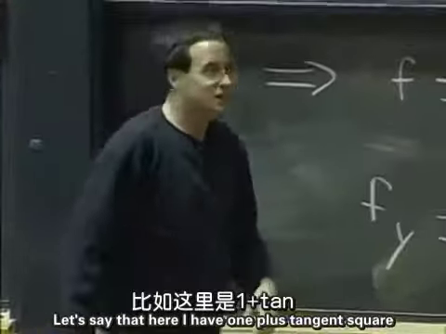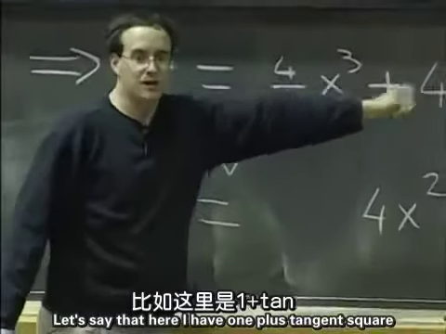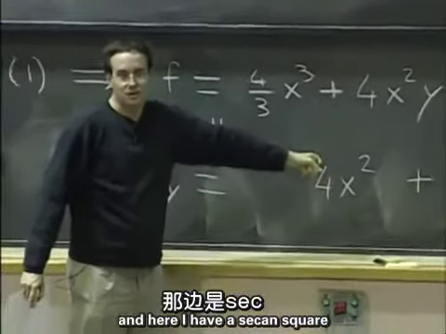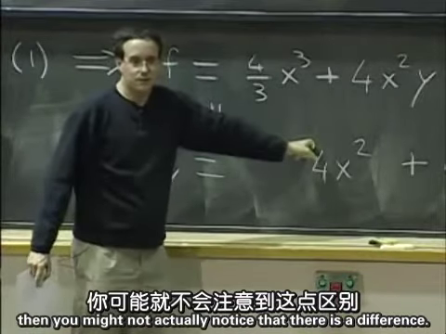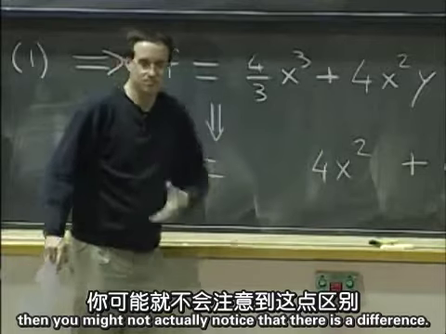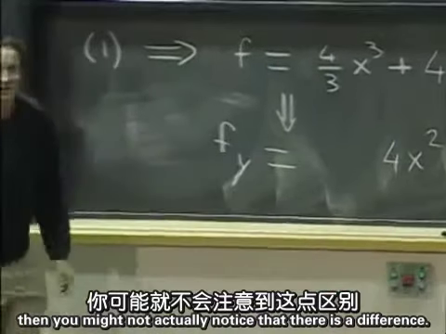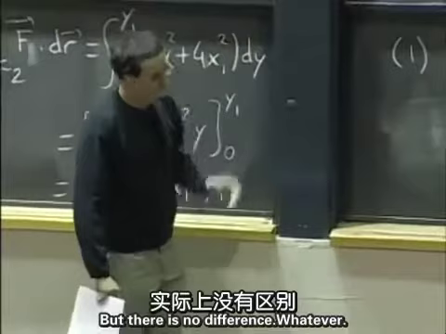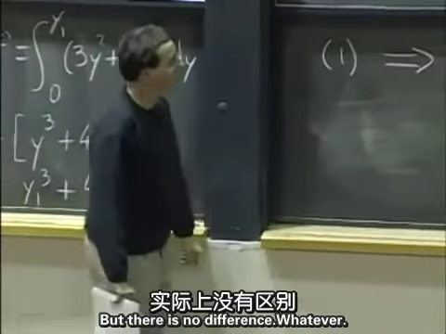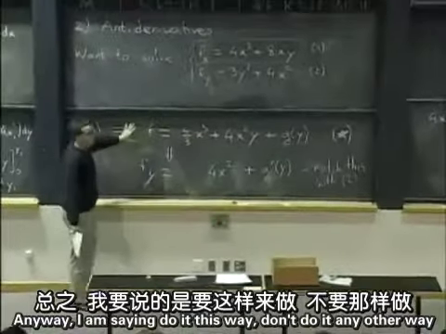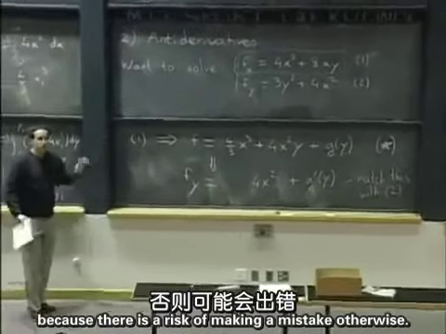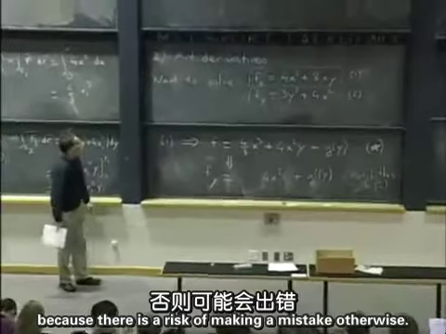To take an easy one, let's say that here I have 1 plus tangent squared, and here I have secant squared. Then you might not actually notice that there's no difference. Anyway, I'm saying do it this way, don't do it any other way, because there's a risk of making a mistake otherwise.